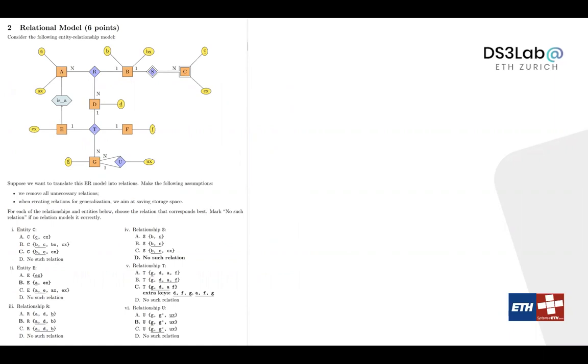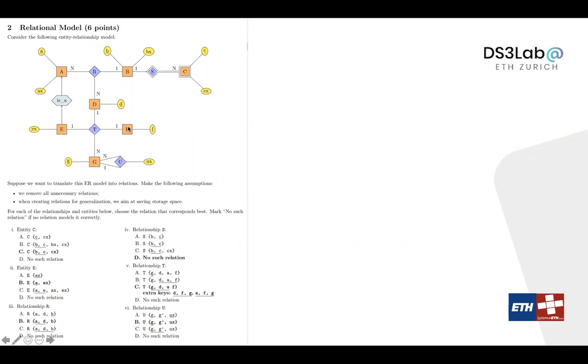For example, we give you this very abstract entity relationship diagram. You have entity sets A, B, C, D, E, F, G, whatever. You have a whole bunch of concepts. You have generalization, E is a subtype of A. You have a weak entity. You have a four-way relationship with different cardinality constraints.